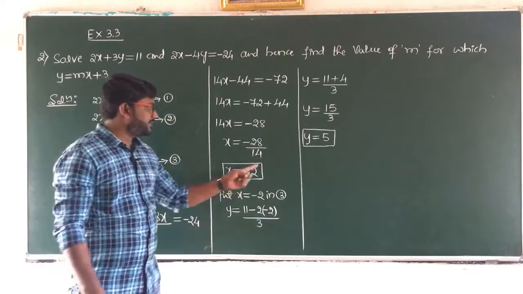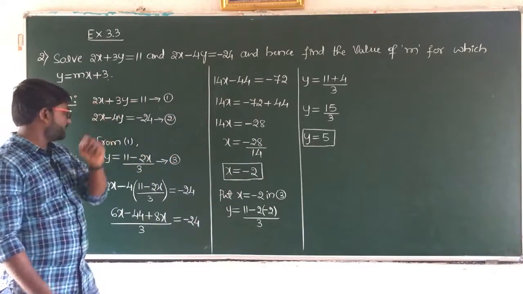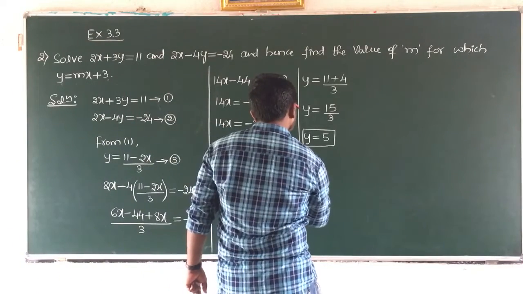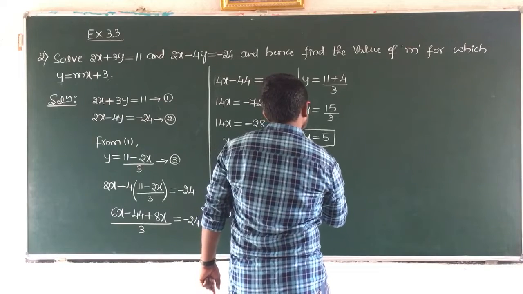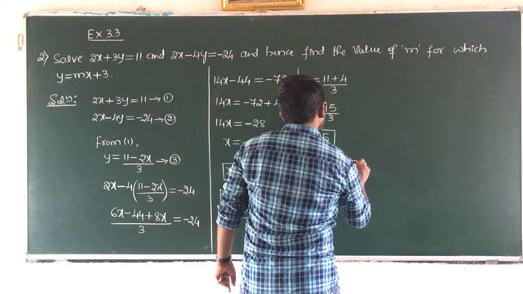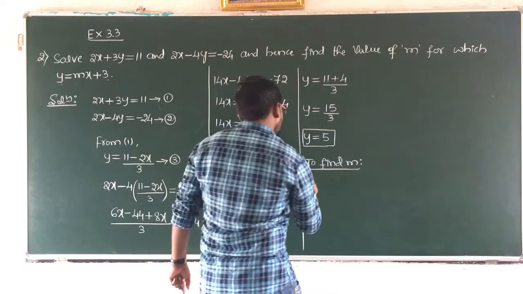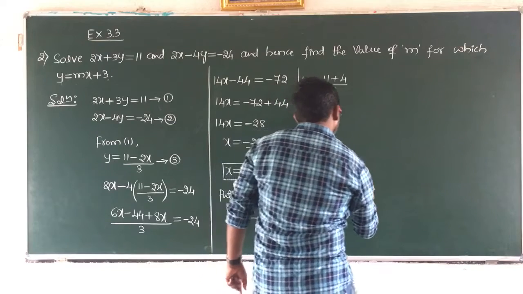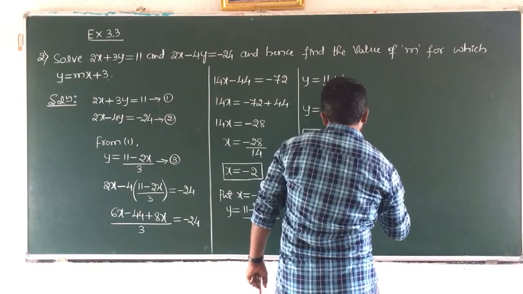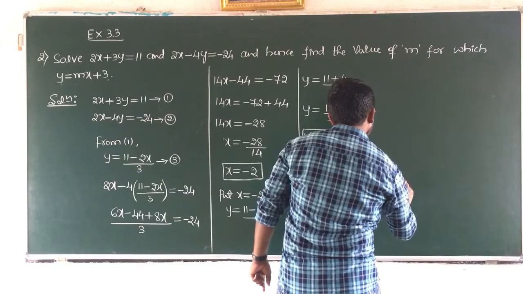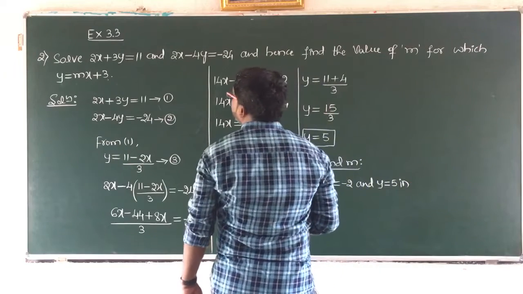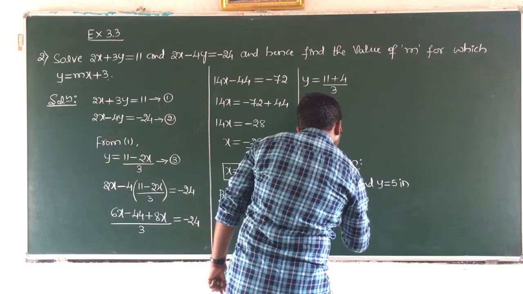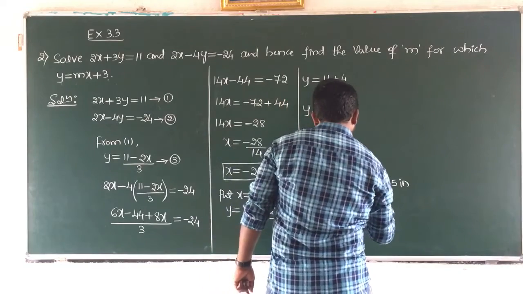So now substitute these two values in this equation, y equal to mx plus 3, so that we get the value of m. Therefore, to find m, put x equal to minus 2 and y is equal to 5 in y is equal to mx plus 3.